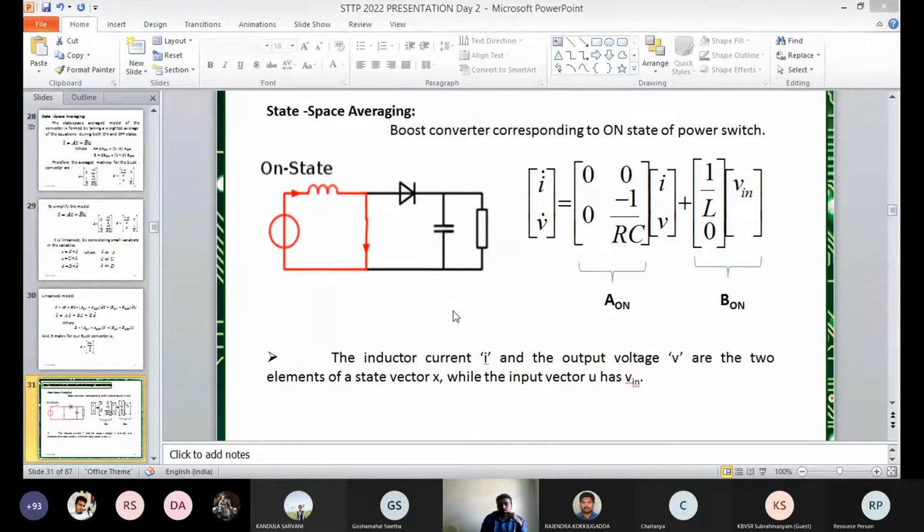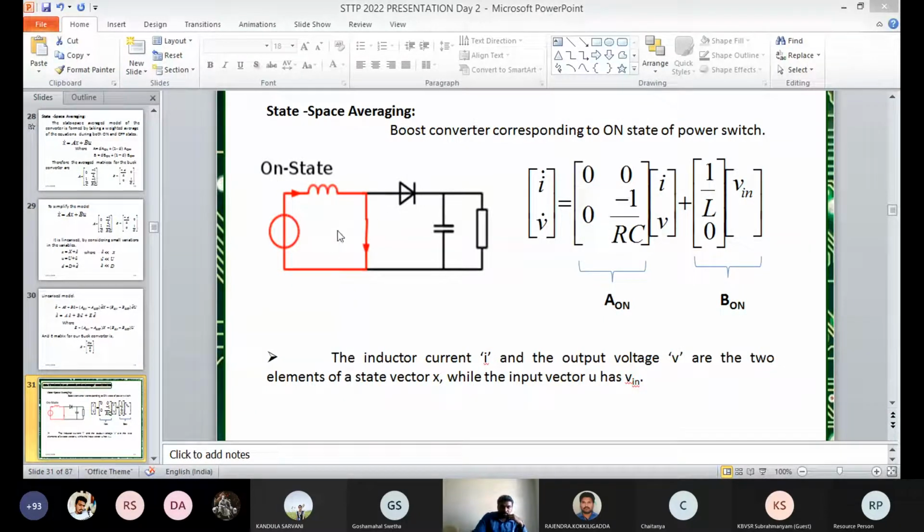If you want to derive a small state space model for the power converter, one thing I want to say is that you need to choose the inductor current and capacitor voltage as the state variables, and you need to write the expressions for the inductor voltage and capacitor current.